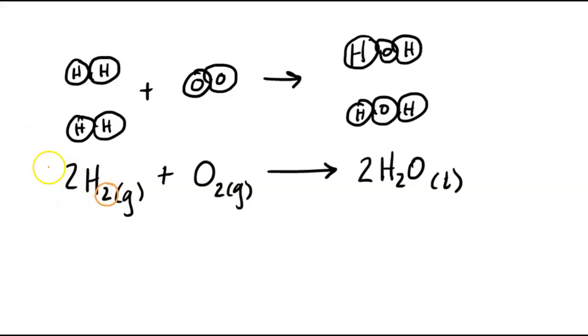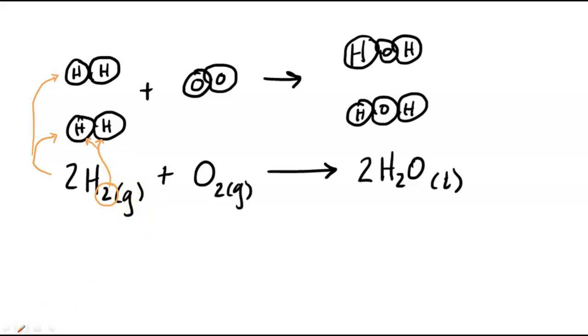And then this one tells me that I have 2 of them. All right, and that's why I drew 2 sets. This 2 over here tells me that I need to draw 2 sets of these. 2 atoms of these. So just a reminder, the big coefficient tells you how many sets you need, and the small number tells you how many atoms are bonded together.